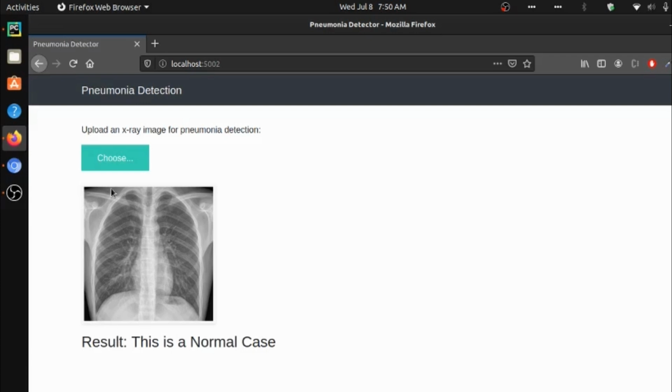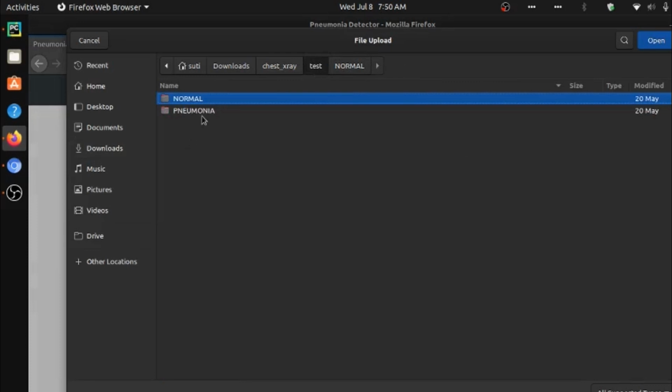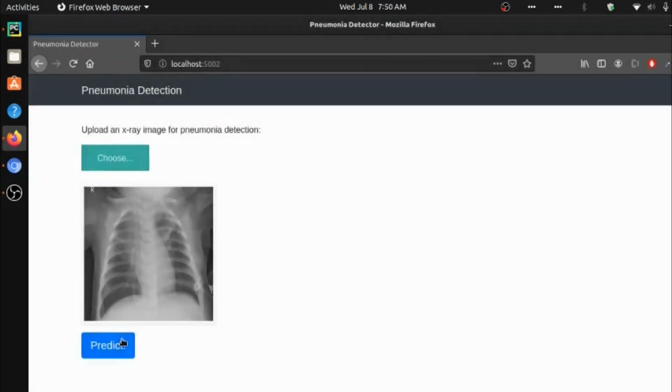What if we select another image from the test, a pneumonia one, and click predict? We get a result that this is a pneumonia case. So as you can see, on feeding different types of images into our web application, we are getting the correct result.